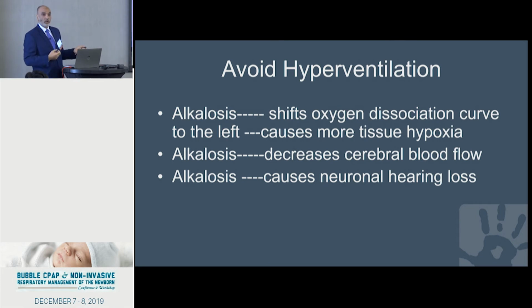We don't know why there is a relationship between alkalosis and hearing loss. Is it because the alkalosis in the inner ear fluids burns out the nerve fibers of the auditory nerve, or is it something central? There are studies done on monkeys where, when they are alkalotic, there is decreased cerebral blood flow, and the auditory center in the brain is the part mostly affected.